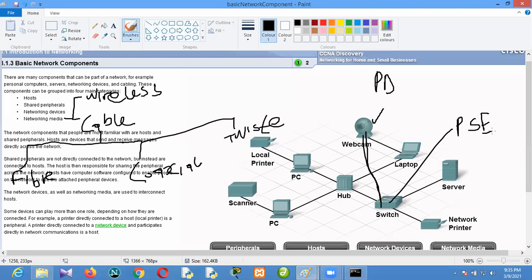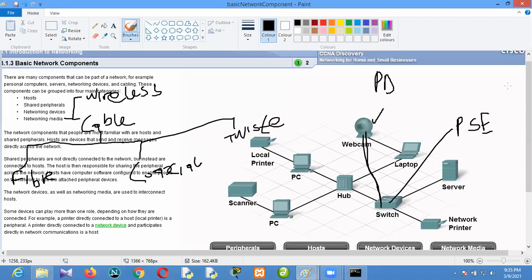Okay, let me put it this way. It's not all switches that are PSE. There are ordinary switches and there are PoE switches that we call PSE. It means that they have the ability of sending data and power at the same time to devices like PDs.